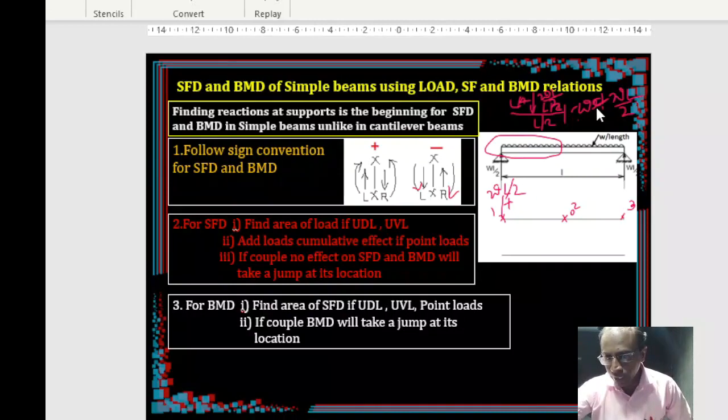So if I put x equal to L, it becomes minus WL plus WL by 2, that is minus WL by 2. That means the ordinate is negative and goes down. So this ordinate is going to be minus WL by 2.